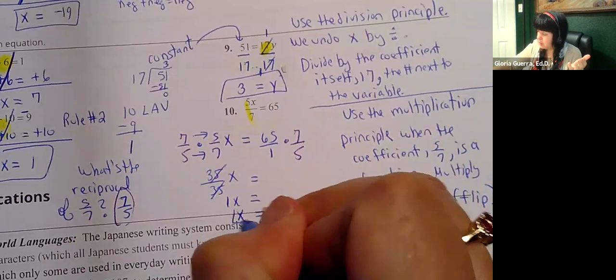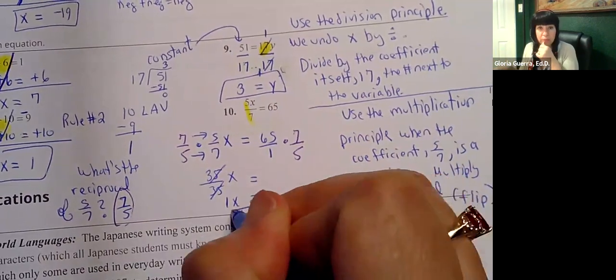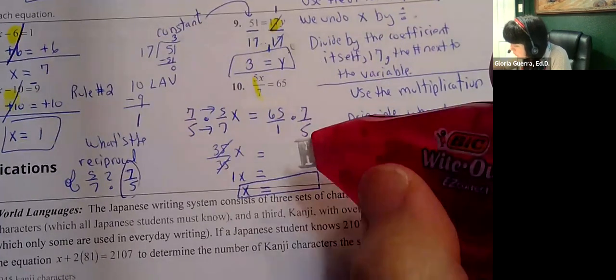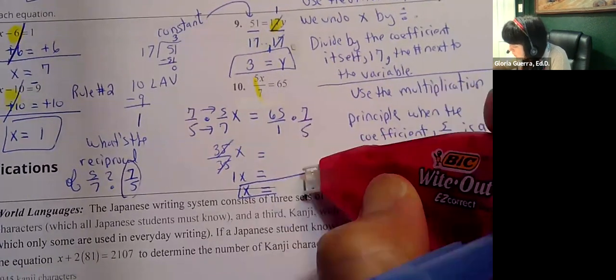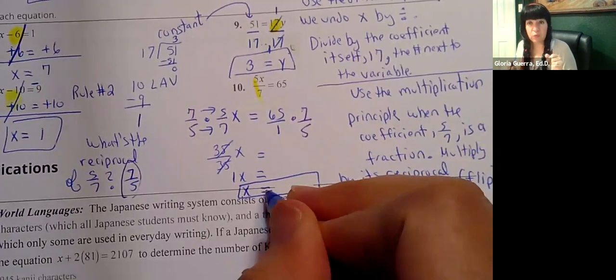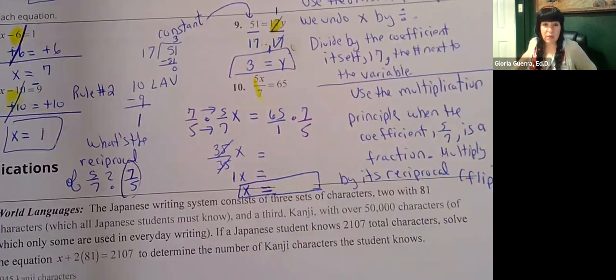And that's what the computer's going to want. Just x equals, for 1x. They don't want you to put that 1 there. They'll complain if you put 1x in your answer. They just want x equals.